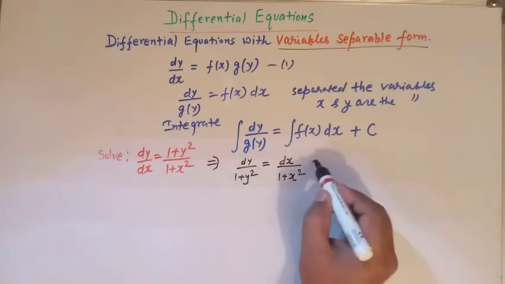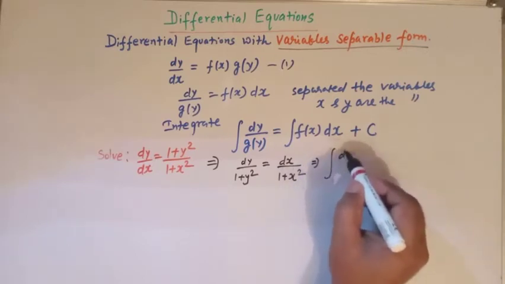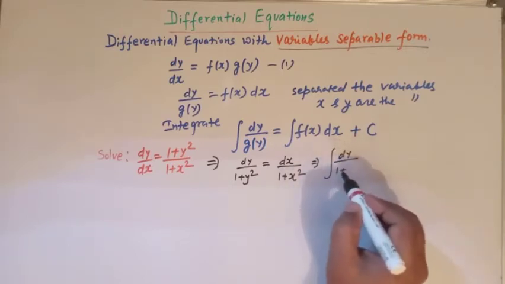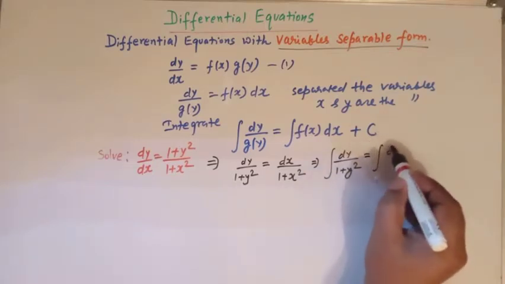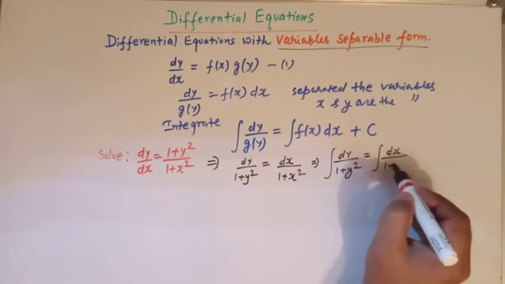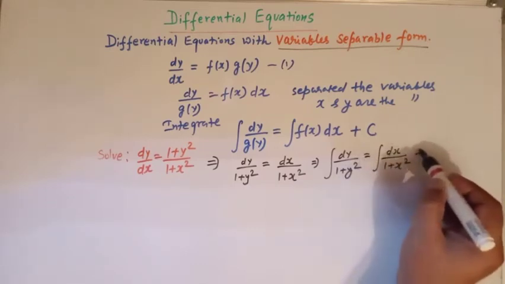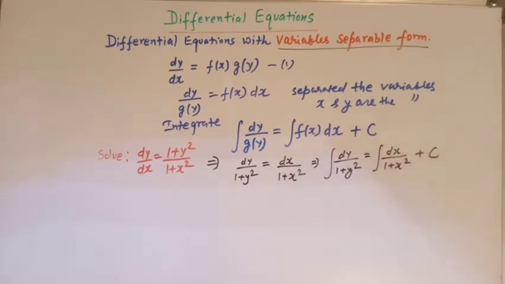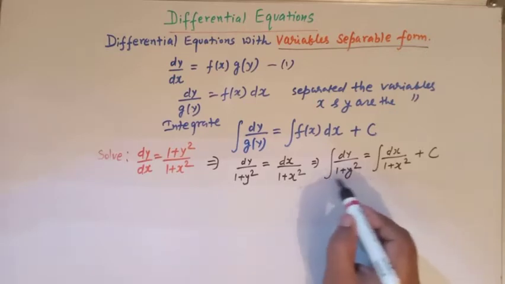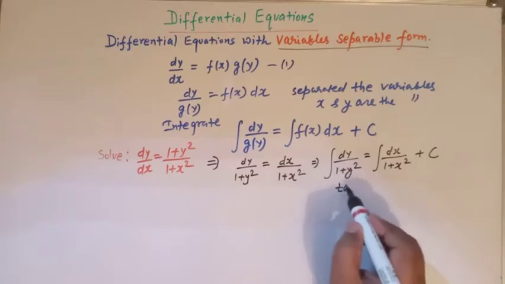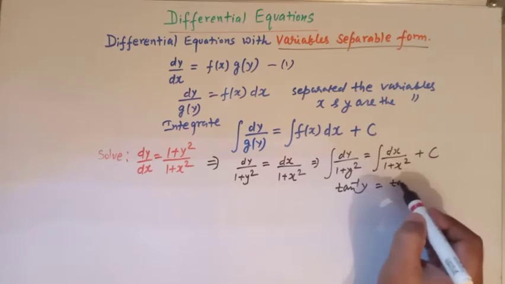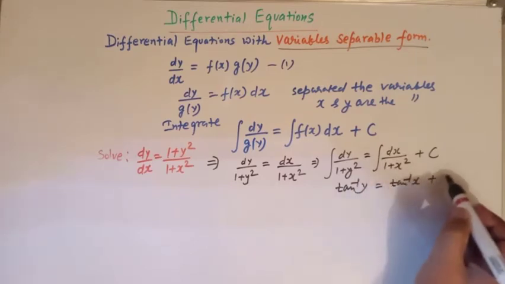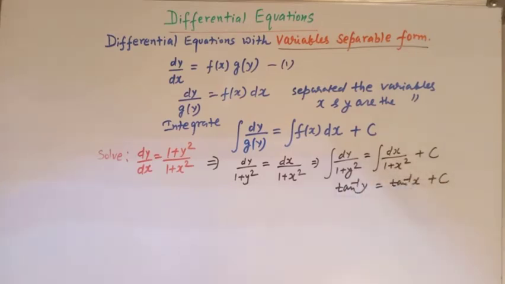Now we integrate both the sides, so we get the integral of 1 over 1 plus y square dy equals the integral of 1 over 1 plus x square dx, and c is the constant of integration. Now we know that the integral of 1 over 1 plus y square is tan inverse of y, and this is tan inverse of x, and here we have the constant of integration as c.